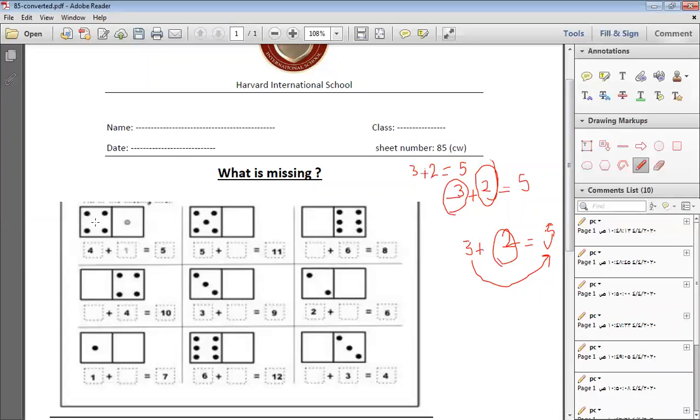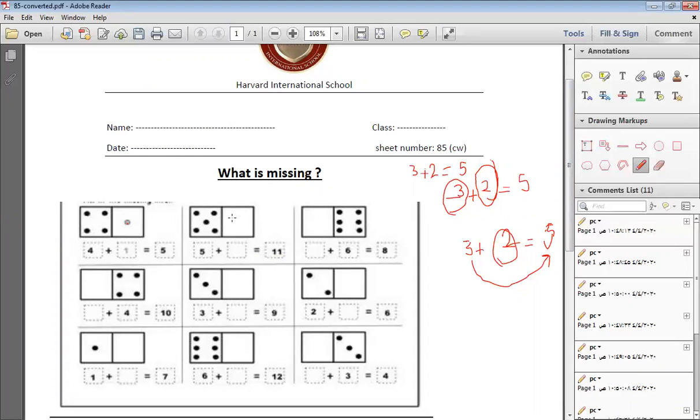So these are 4 dots, right? I will start drawing, and while I'm drawing the dots, I will count. After the 4, 5, we draw here a dot, 5. So how many dots? 1. So I will put the 1 here.